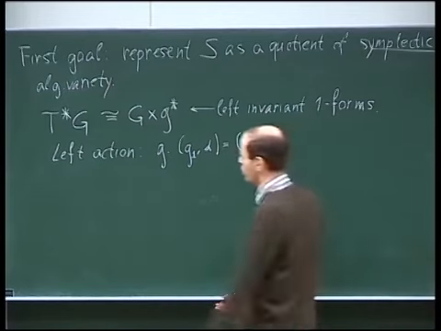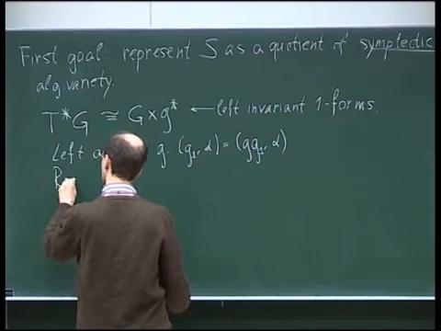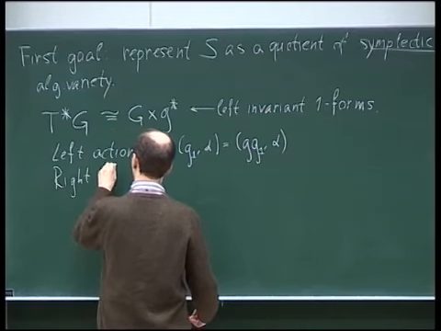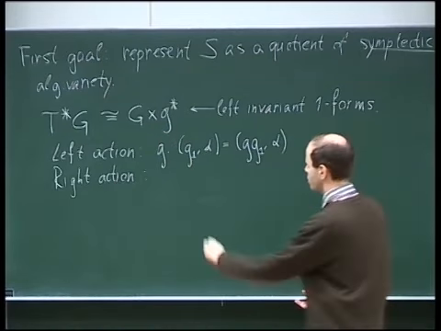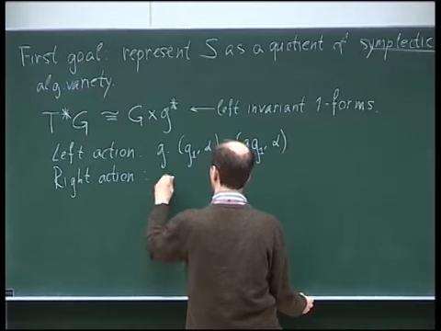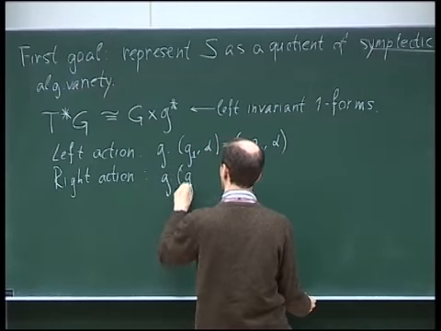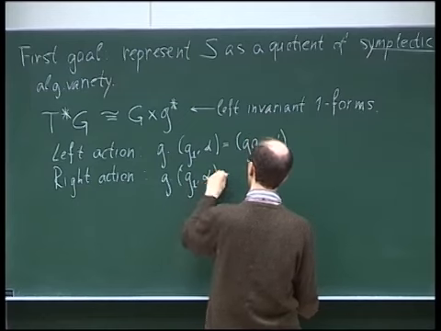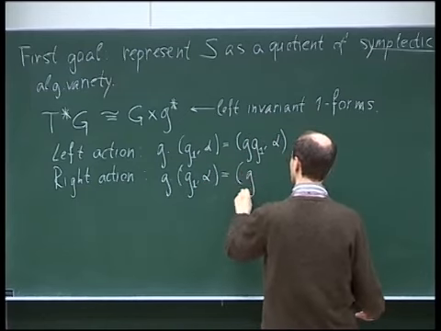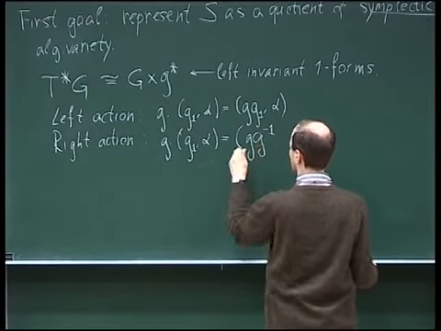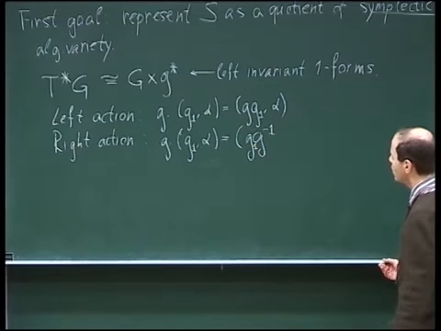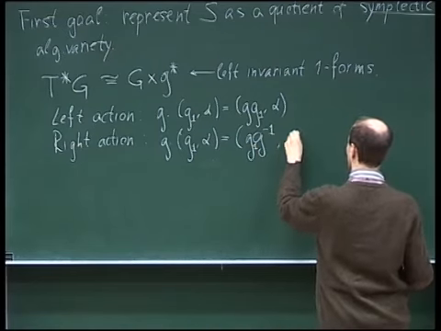And now I also have the right action, or more precisely, the action by right translations, which is G applied to the pair (G1, alpha) is G1 G^-1, G applied to alpha.